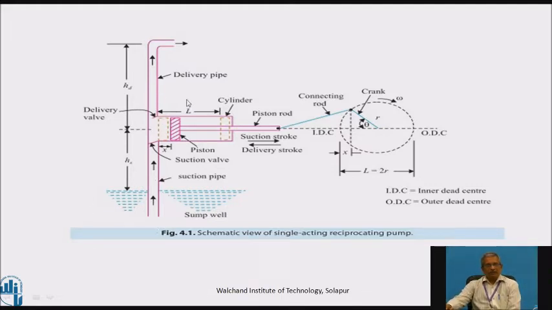This is the suction head HS, and this is the delivery head HD. So HS plus HD gives you the total head. The lesser the suction head, the higher the delivery head. Usually pumps are known by different classifications regarding head or types.